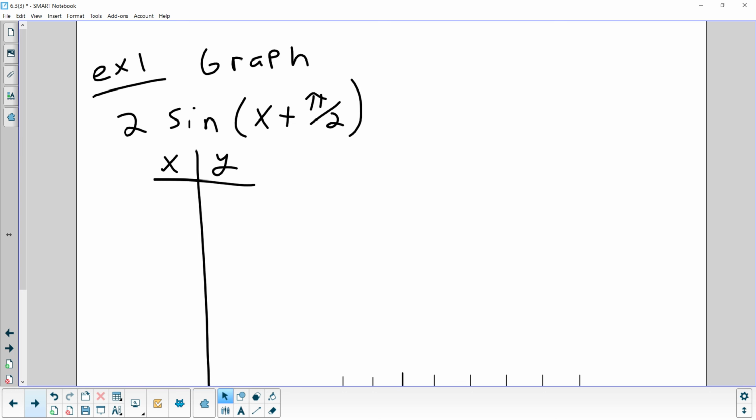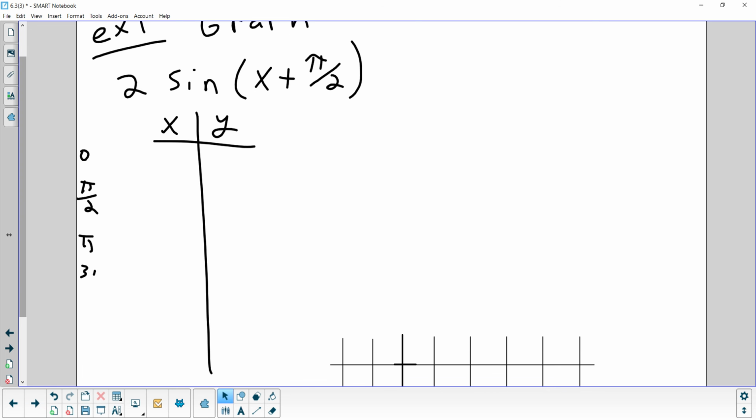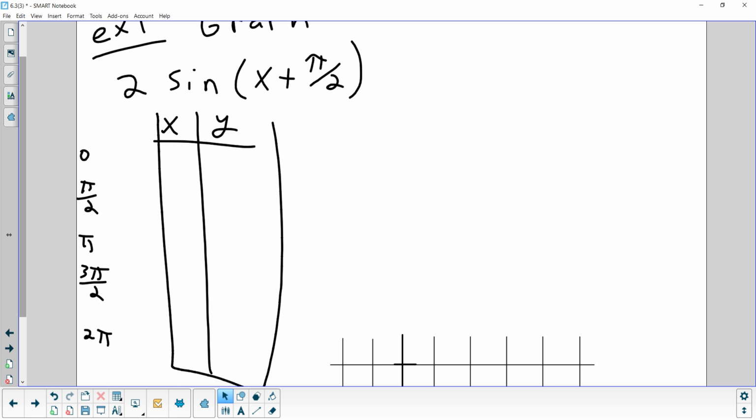Let's process them both at the same time. I think we can handle that. So let's put our original x's over here. And what am I going to do to all those x values? Subtract pi over 2, because we want everything to shift to the left, so we want to make all these x's smaller.